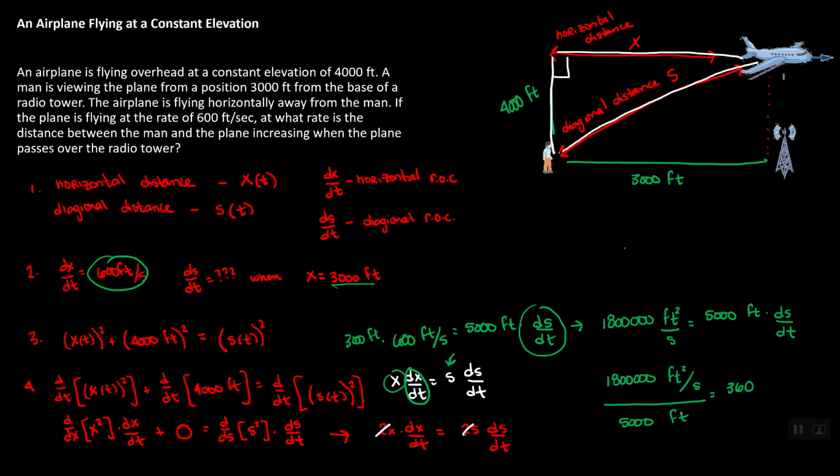We have feet squared per second divided by feet. That turns into feet per second, and that is our ds/dt. So the rate at which the distance between the man and the plane is increasing is 360 feet per second as the plane is passing over the radio tower.